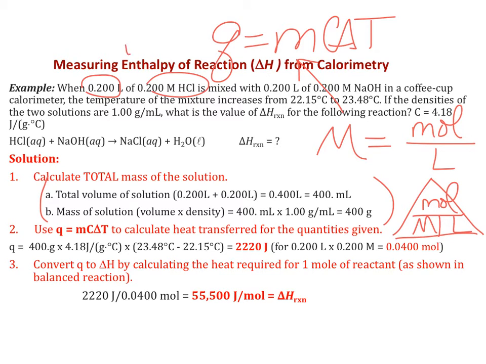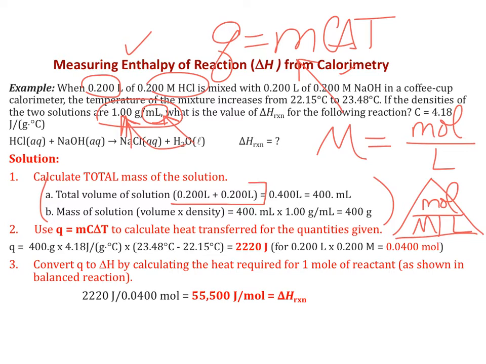We are not given the total combined grams of those. So the easiest way to do it is to use the density, right? The density of each means there's 1 gram per 1 milliliter of the solution, and that means that if we find the total milliliters of solution, that will be equal to the grams. So let's find the total milliliters.